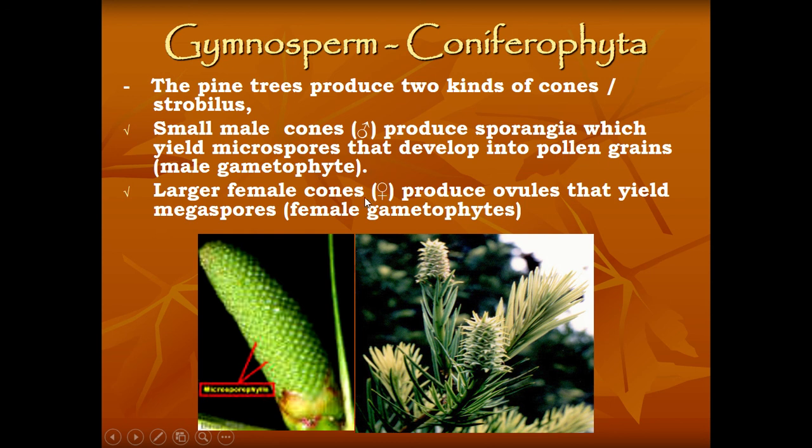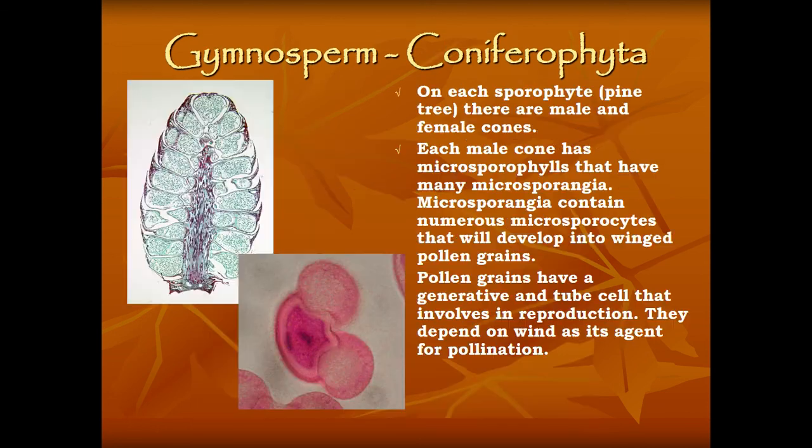And the larger female cone, or the larger female strobilus, will produce the ovules, which yield a megaspore, the female gametophyte that will later generate the ovum. So on each of the sporophytes, there are male and female strobili or cones.